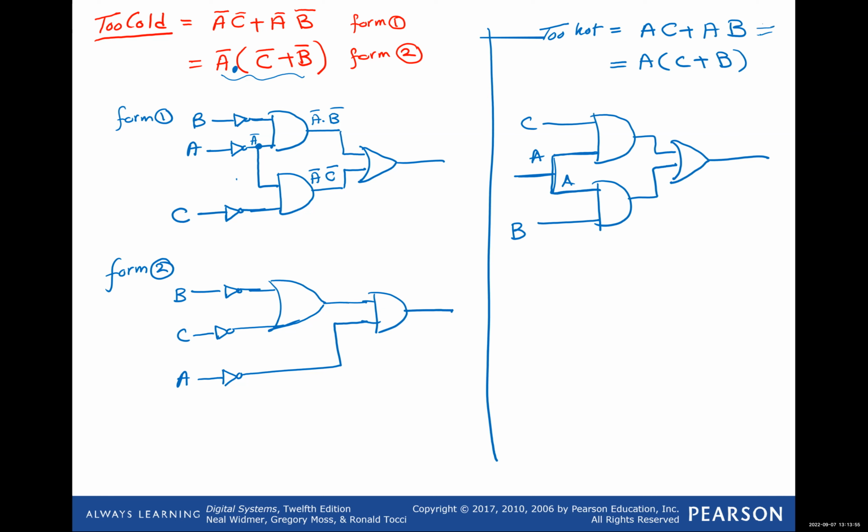So that's going to be form number one. Now for number two, I can have the C ORed with the B, and then the result will be ANDed with the A, and I get my output of too hot. So any of the forms can be appropriate.